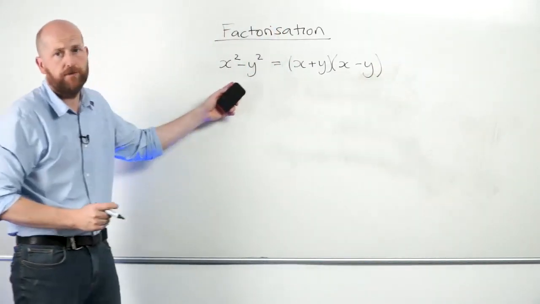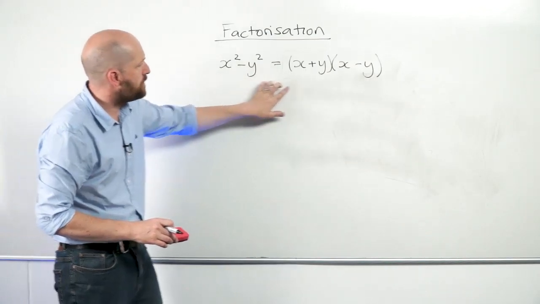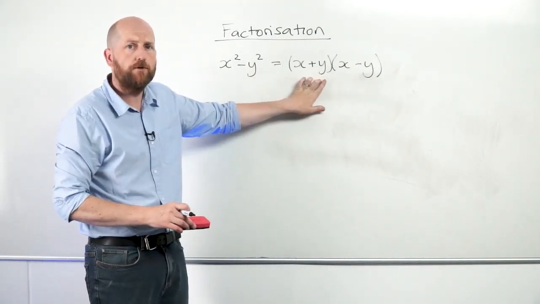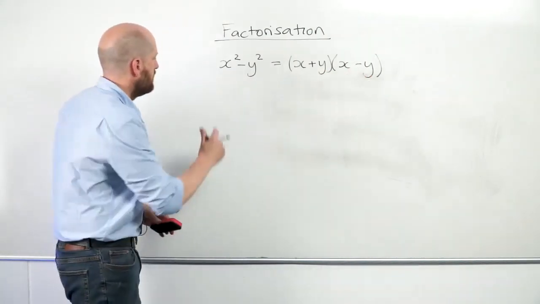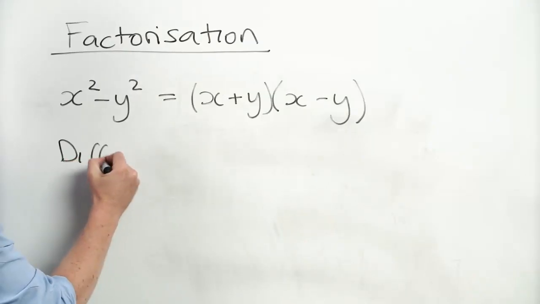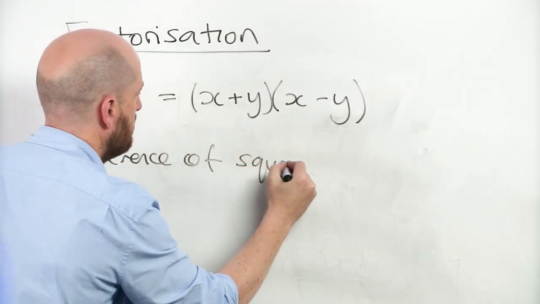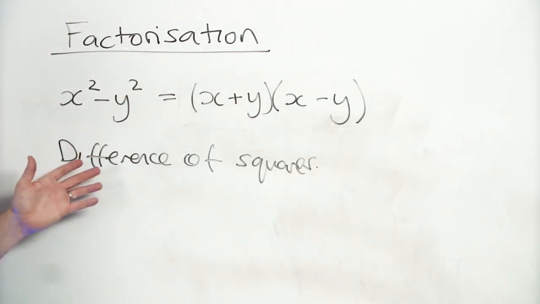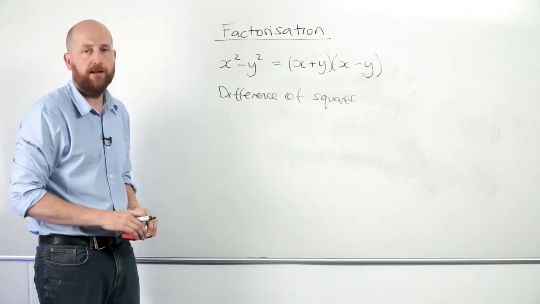It's a very useful thing just to remember. There is again a way of working this out, but it's simplest just to remember that the difference of two squares is actually the sum of those two numbers multiplied by the difference of those two numbers. So this is the difference of squares. As well as the distributive law, these two properties of squared numbers are also useful for manipulating expressions.